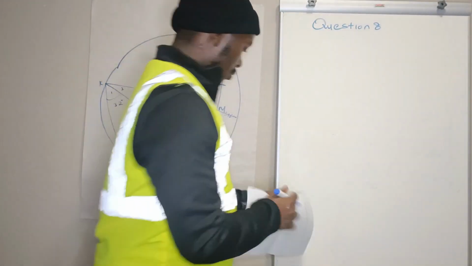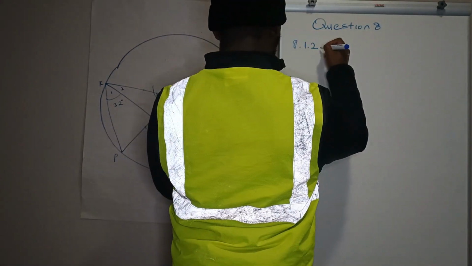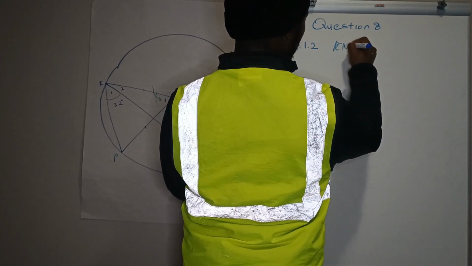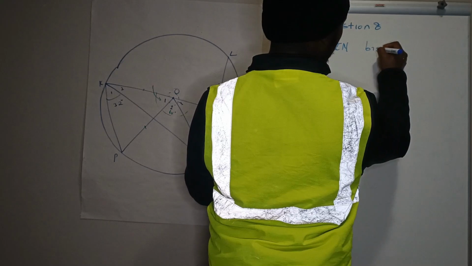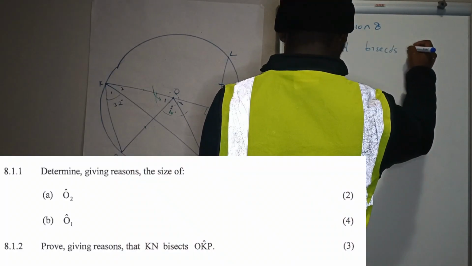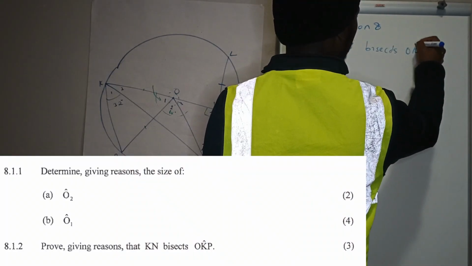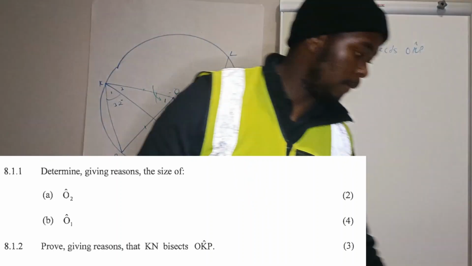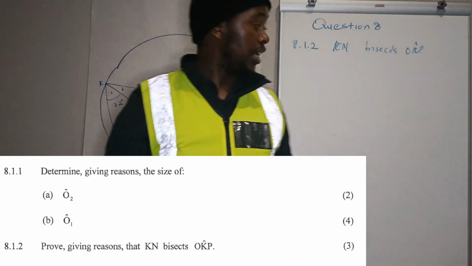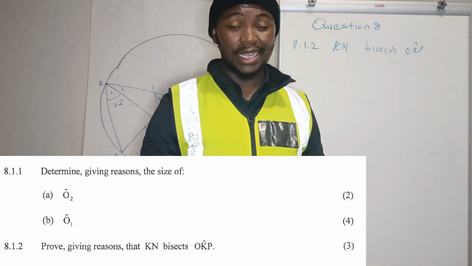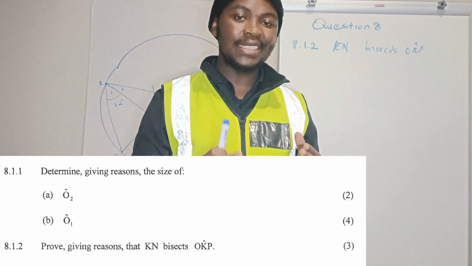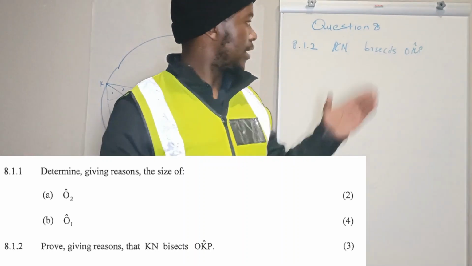Question 8.1.2 is asking us to prove that KN bisects OKP.